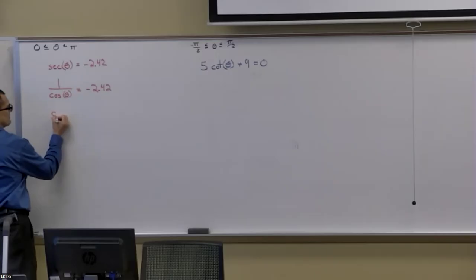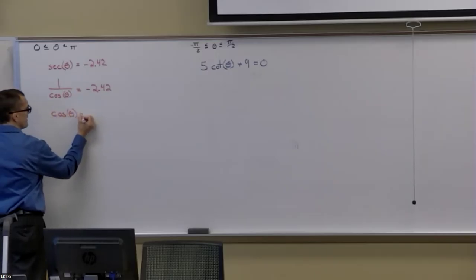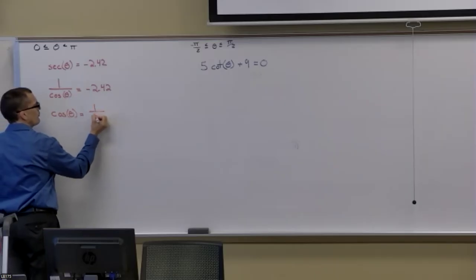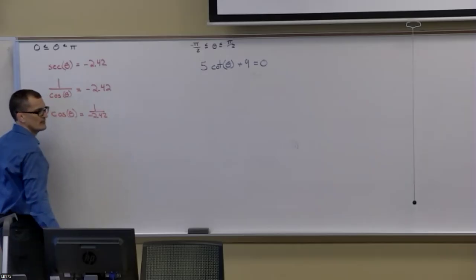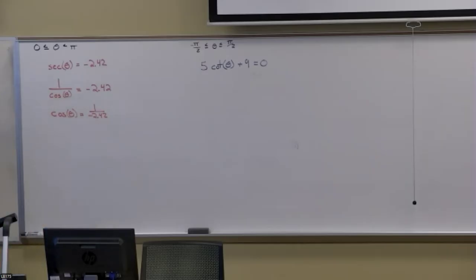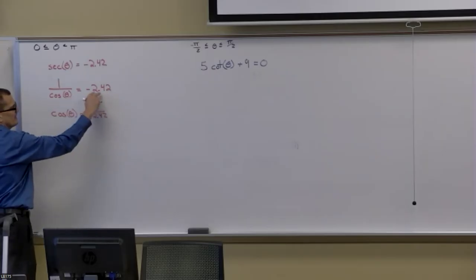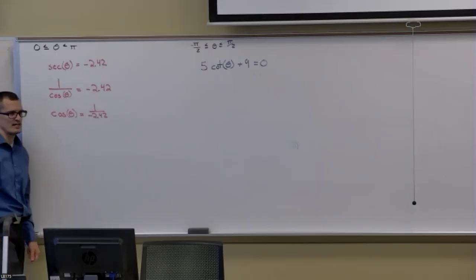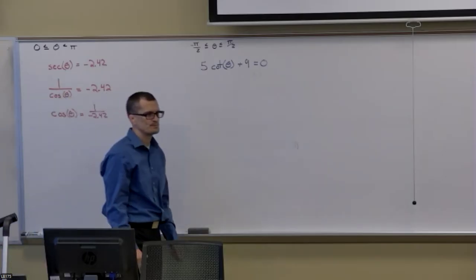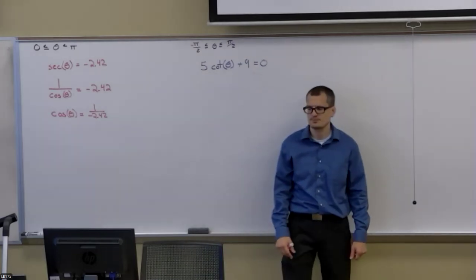If I take the reciprocal, I get cosine theta is equal to 1 over negative 2.42. You can also do that by multiplying both sides by cosine and then dividing both sides by the negative 2.42. So you can do that through multiplying and dividing both sides as well, or just thinking of reciprocal, that's fine too.